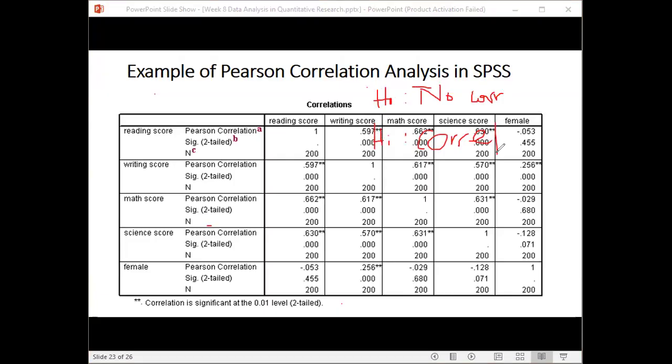So for those who want to do correlation analysis, remember, this is your hypothesis. The hypothesis is that there's no relationship between variable A and variable B. The alternative is that there's a correlation between variable A and variable B. So depending on whatever variable you want to measure, and you want to use correlation analysis in your objectives, this is the correlation hypothesis you are testing.